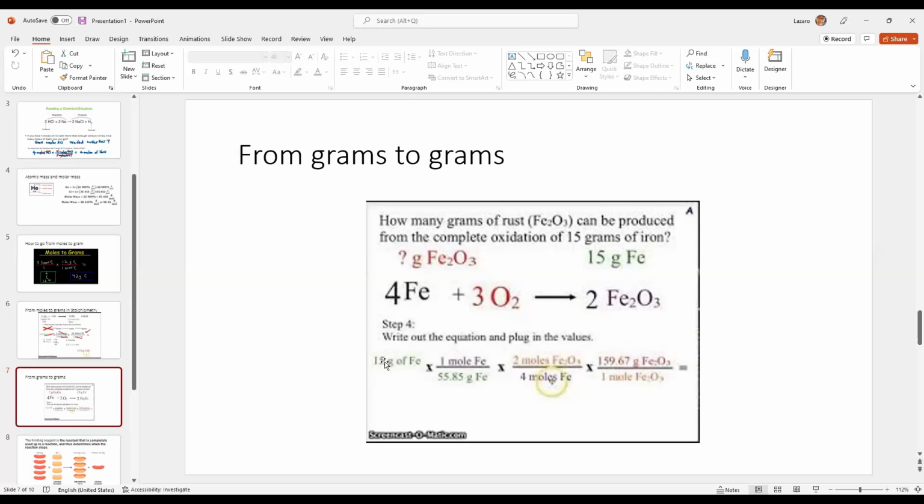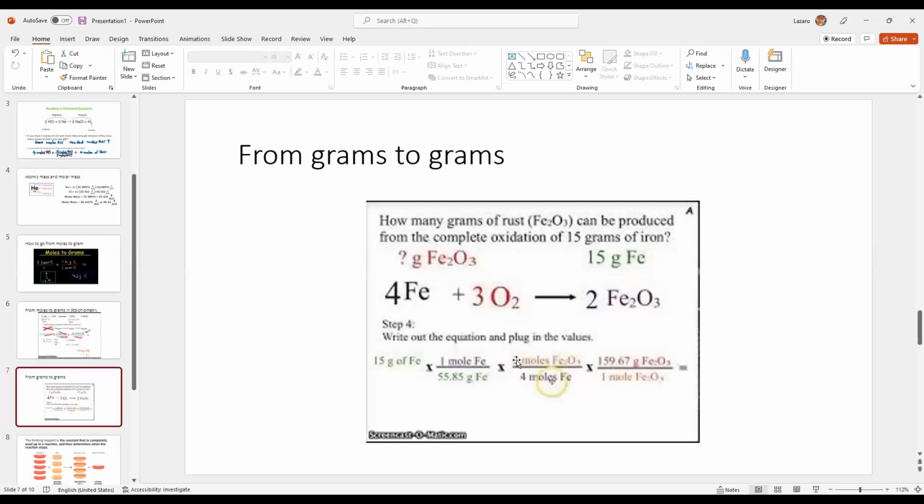What is given in this case? 15 grams of iron. And you need to know the mass of iron 3 oxide that is formed from this mass of iron. So you divide the grams of iron by the atomic mass of iron, and you convert this into moles of iron.